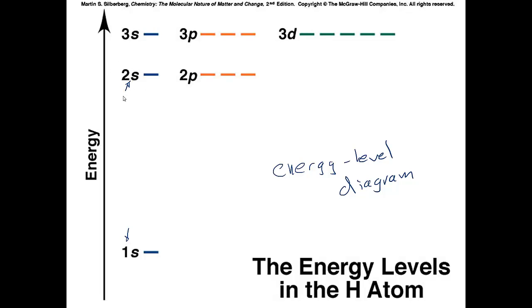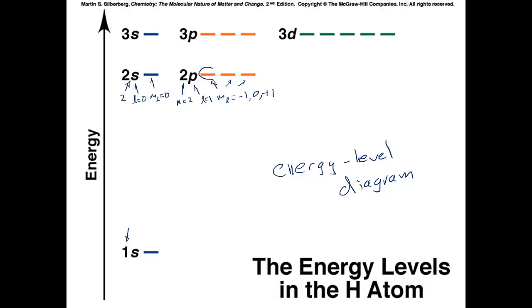This is telling us that our n value right here is 2. The letter here is telling us that our l value is equal to 0, and there's only one of those orbitals because m sub l can only ever be 0. Now in this case, we've still got n equal to 2, but now l is equal to 1 because it's p. And since l is equal to 1, these three little lines right here represent m sub l equaling -1, 0, and +1.